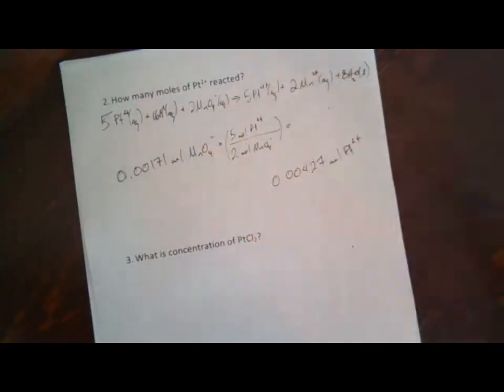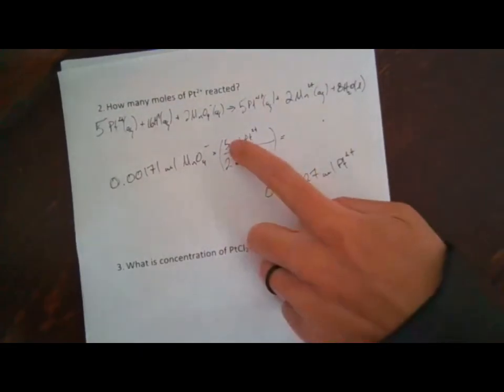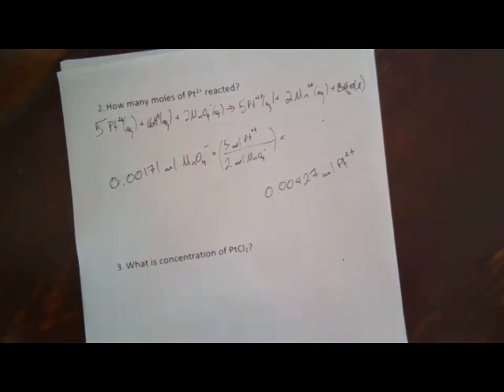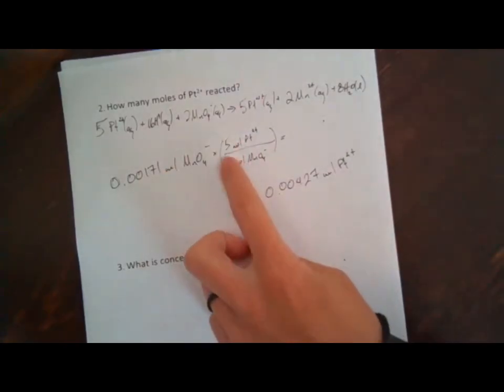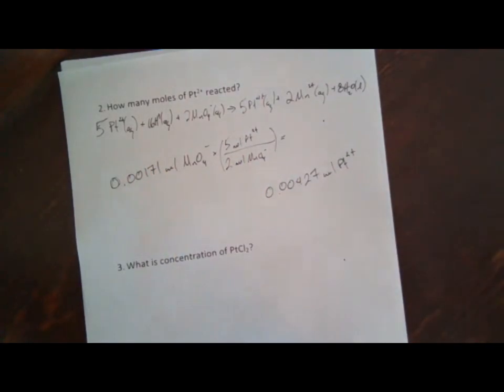So this is where it's different from acid-base titrations, because in an acid-base titration, it was always 1-to-1. So what we just said was the moles you multiplied by 1 divided by 1, the moles of acid would just be equal to the moles of base. In redox titrations, it is usually not 1-to-1 stoichiometry. 5-to-2, 10-to-4, 3-to-1, whatever it is, because you're transferring more than one electron at a time usually.